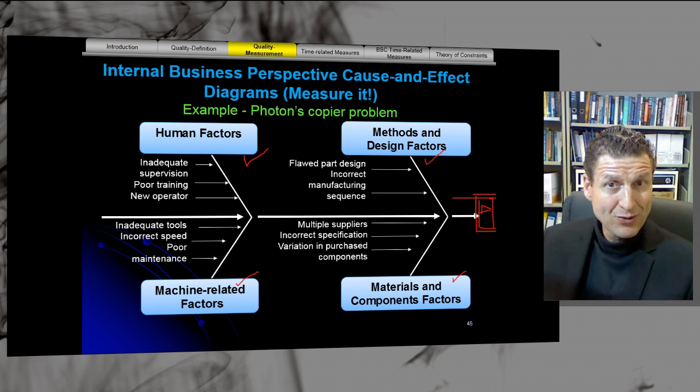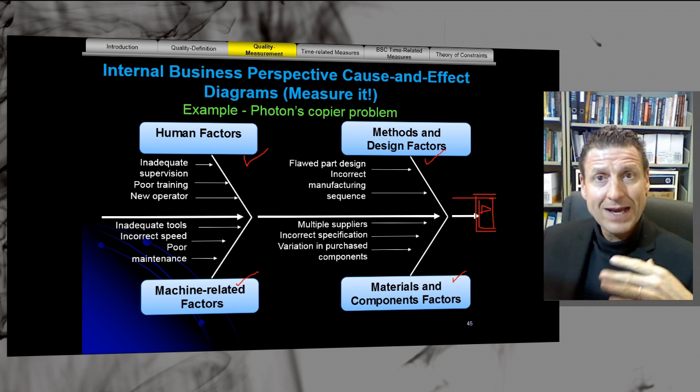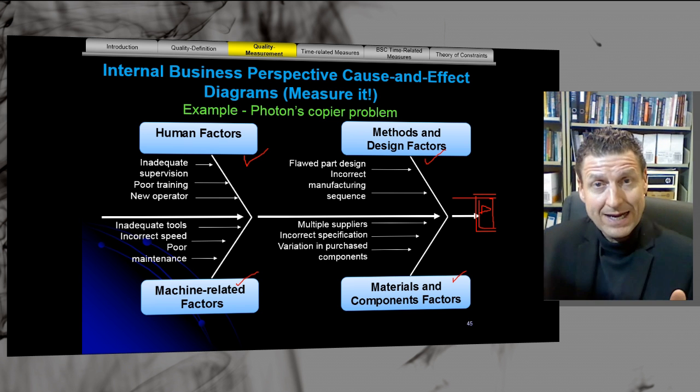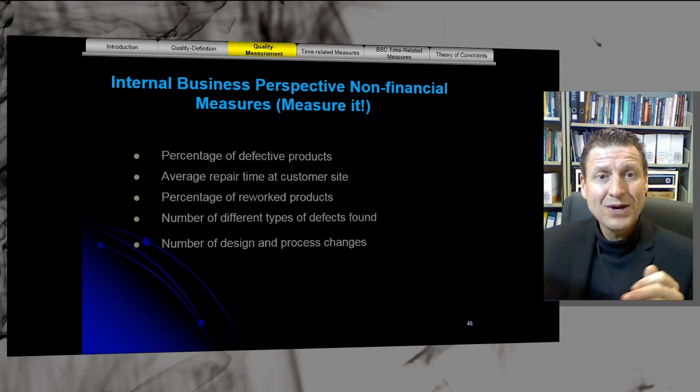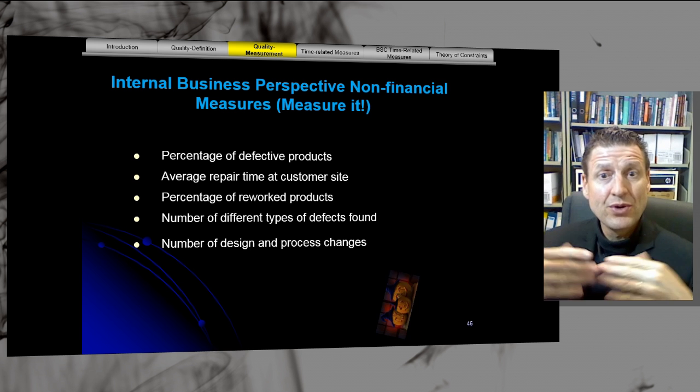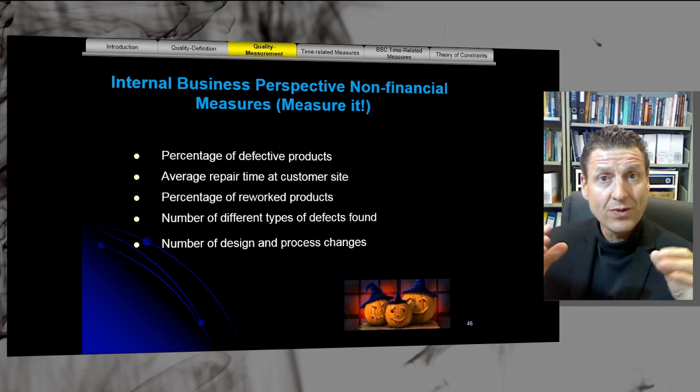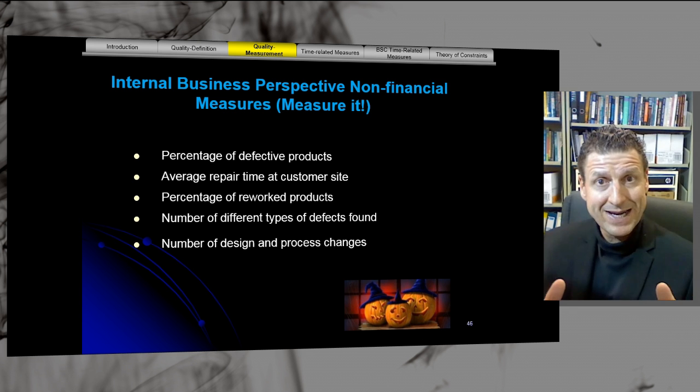And so just summarizing this again, we've got all these different types of factors that could lead to any of the defects that have been laid out in the Pareto diagram in the previous slide. So let's go to the non-financial measures for the internal business perspective.